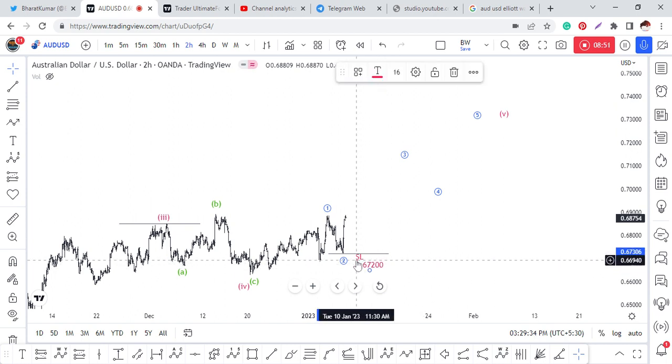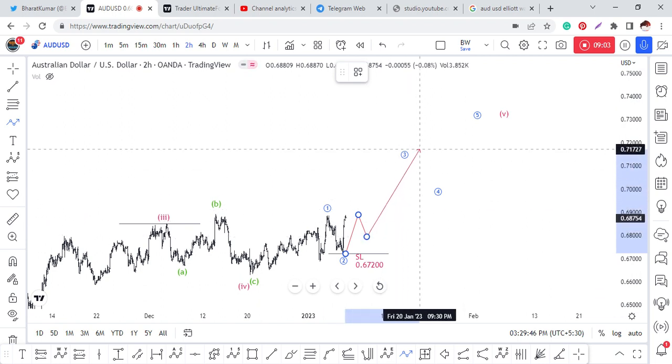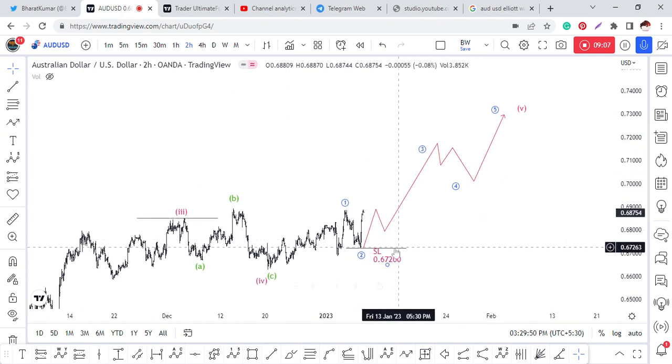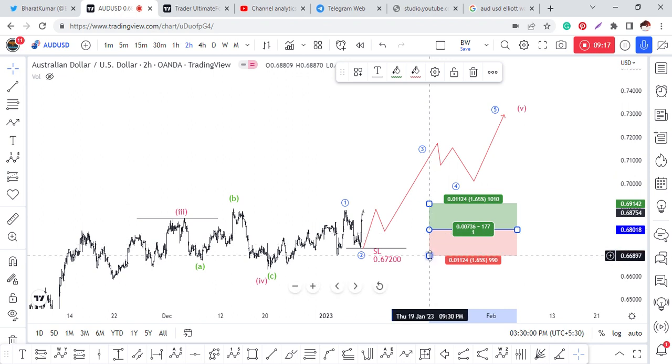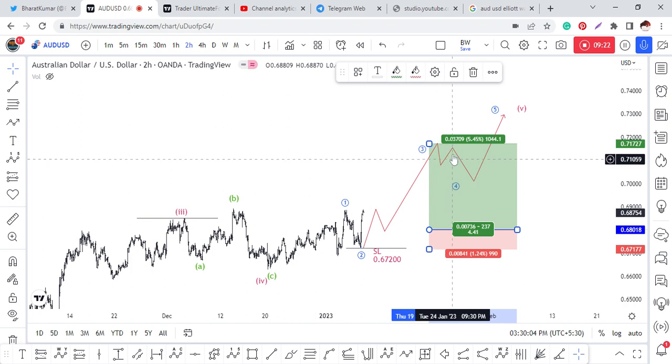This is my SL. If I find any correction up to 50 or 60 percentage, then I will buy for the target of this rally, and my SL will be 0.67200. You can trade as per your money management. My target will be at least 0.70 to 0.71.